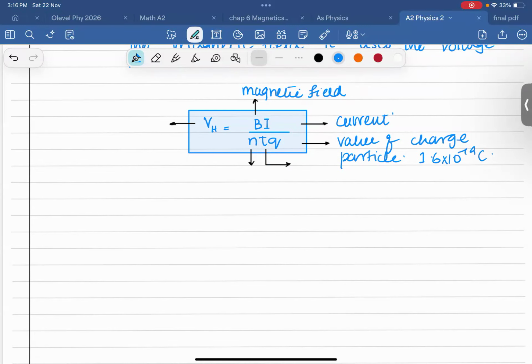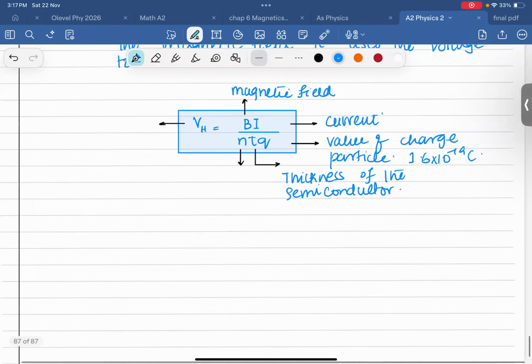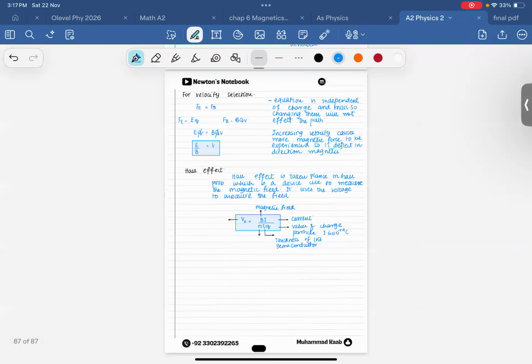T is the thickness of the semiconductor, and n is the number density.